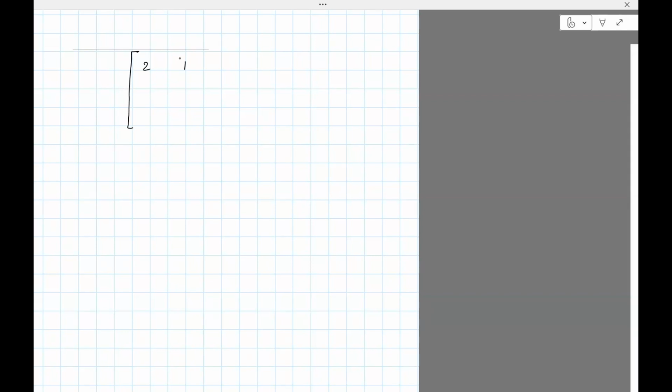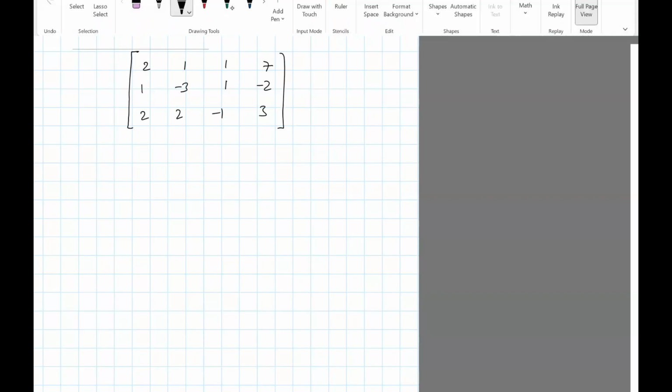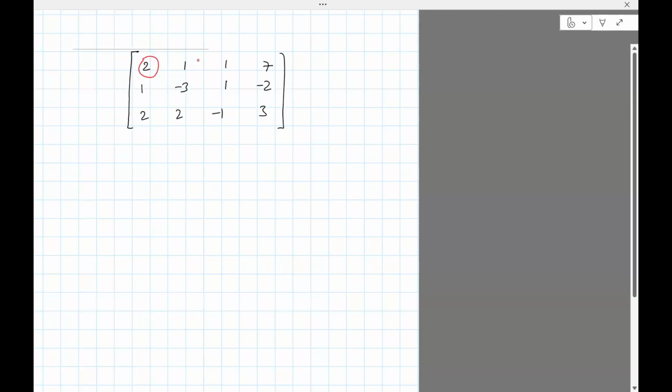2, 1, 1, 1, minus 3, 1, 2, 2, minus 1, 7, minus 2, 3. Okay, so first step, our pivot is 2. Our goal is to use the pivot to eliminate 1 and 2 in the first column. So we see that in order to do that, my new row 2, this is row 1, row 2, row 3.